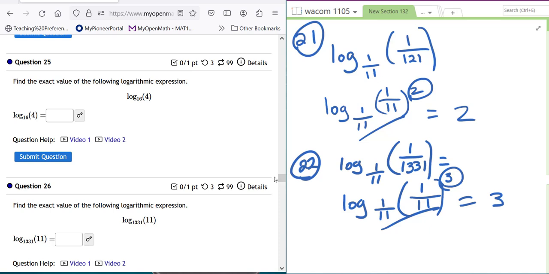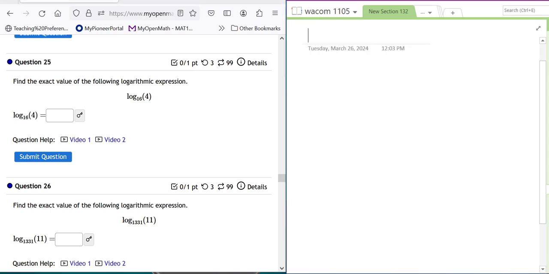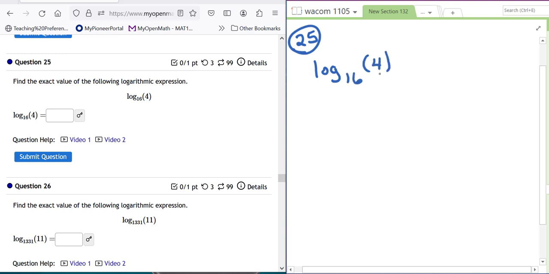Probably going to have to do a square root to make that work. Right.